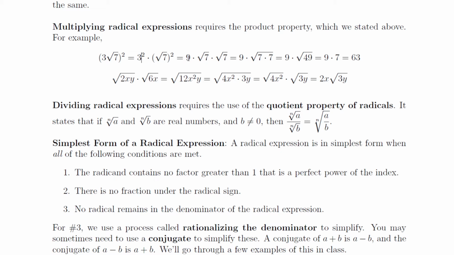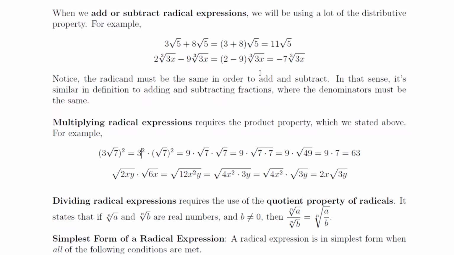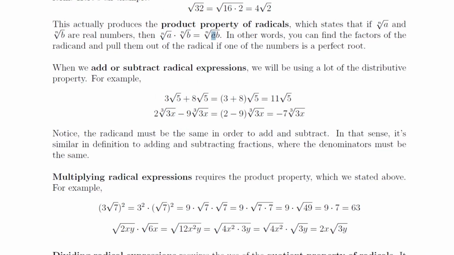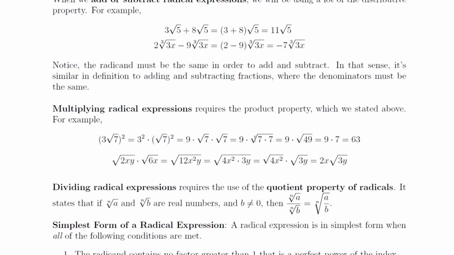And this is what you get. 9 times square root of 7 times square root of 7, because 3 squared is 9. I'm just literally multiplying it out. And then here, I combine them using this property up here, the one that we talked about above. Combine them underneath, I get the square root of 49, which is literally just going to be 7. So 9 times 7 is going to be 63.